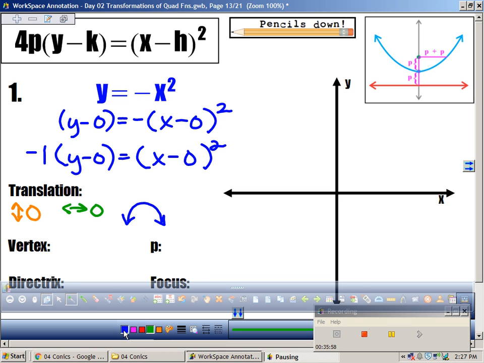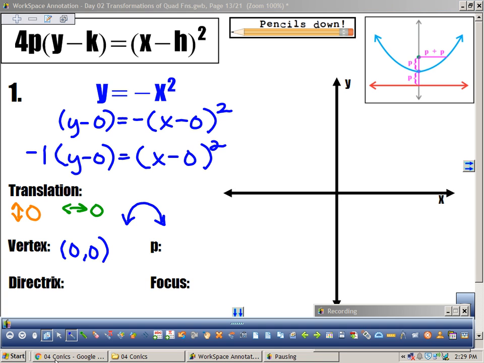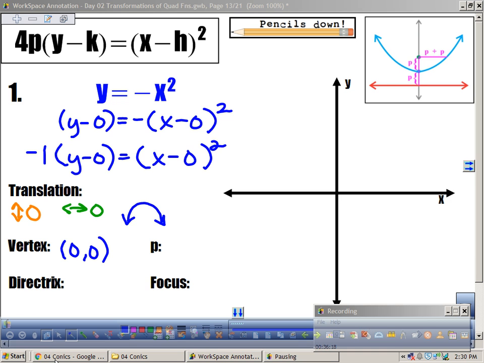Okay, so let's talk about this. I can already see my vertex. My vertex is here and here: 0, 0. I'm not even going to graph yet. How wide is my parabola? No. Where do we normally find how wide it is? Not in front of the x.